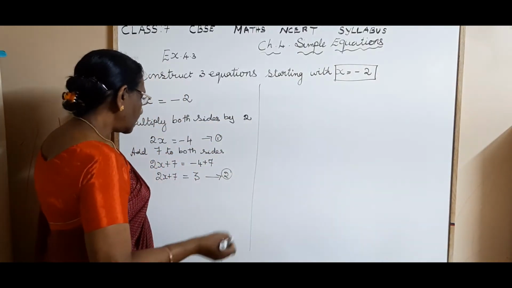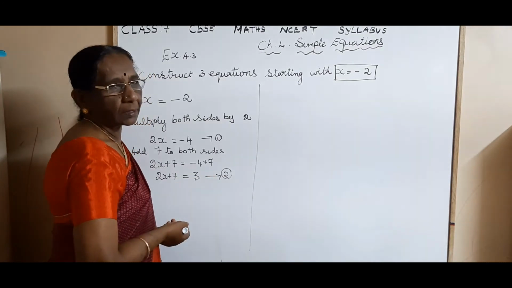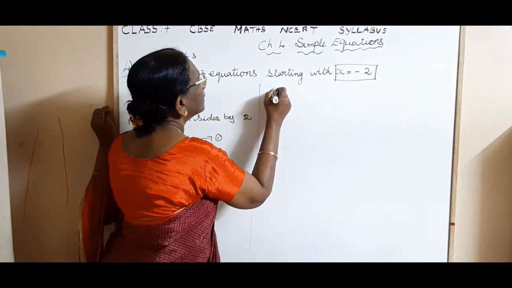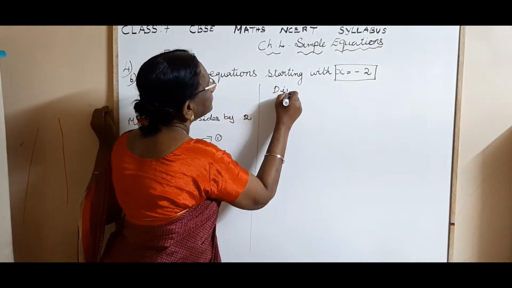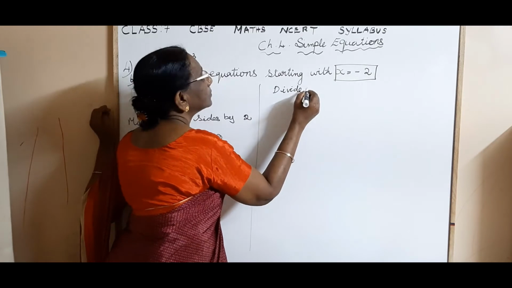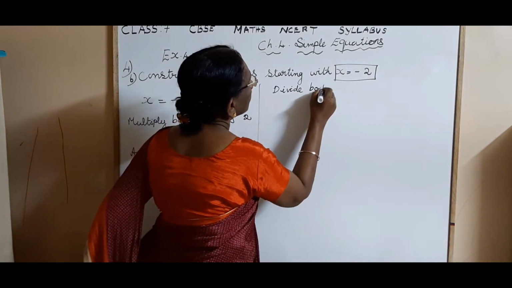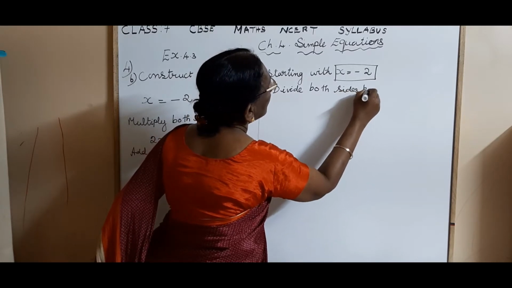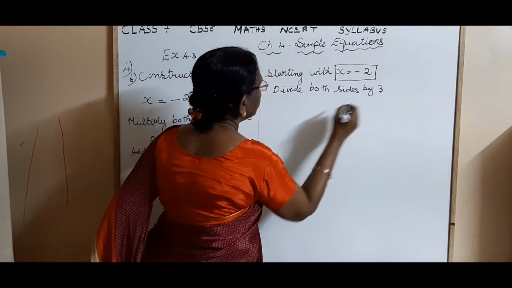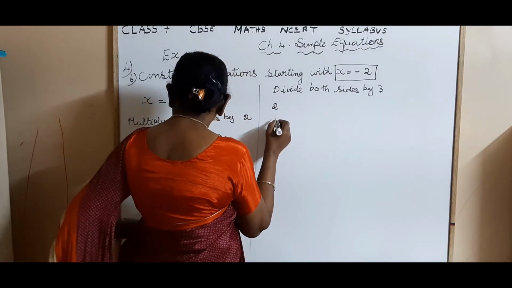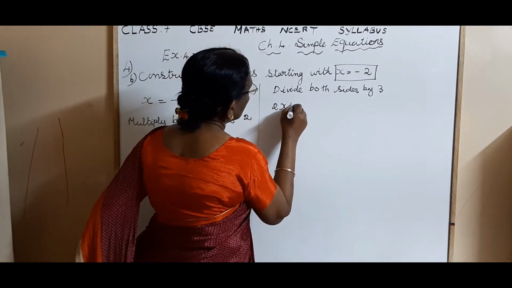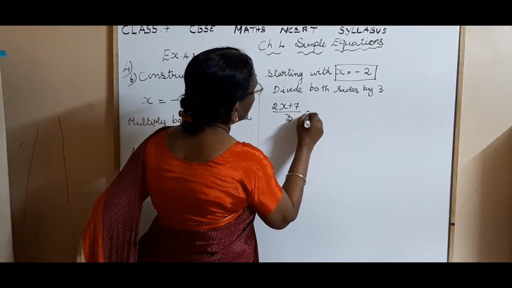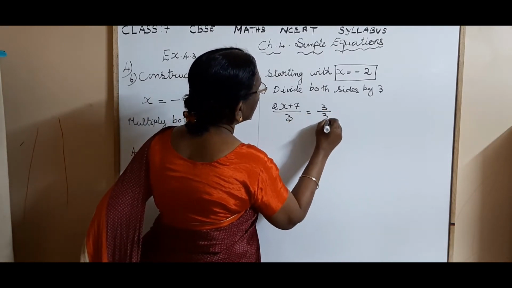We will do subtraction or division. Whatever you want, you can do. So, we will do division. Divide both sides by 3. So, what do you get? 2x plus 7 divided by 3 is equal to 3 by 3.